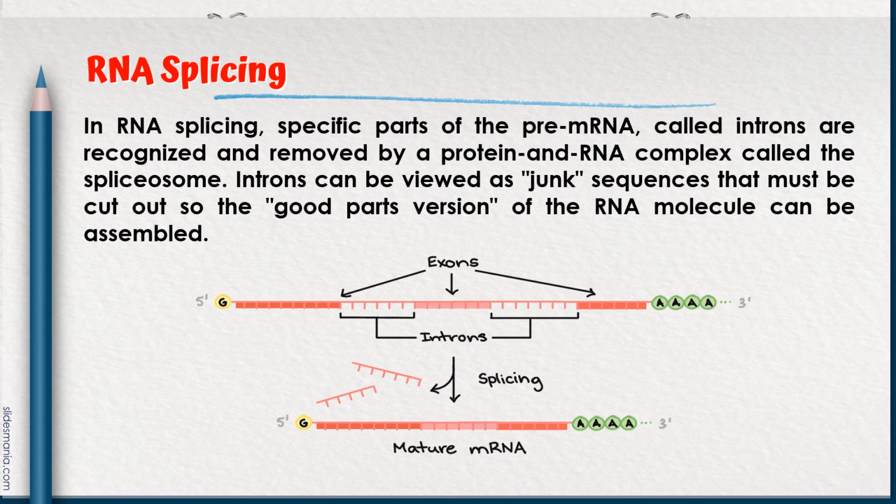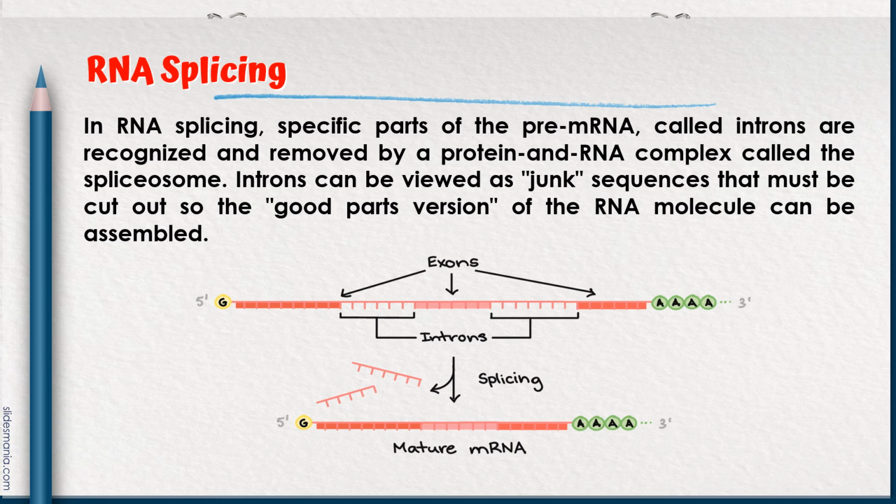The third big RNA processing event that happens in cells is RNA splicing. In RNA splicing, specific parts of the pre-mRNA called introns are recognized and removed by a protein and RNA complex called the spliceosome.